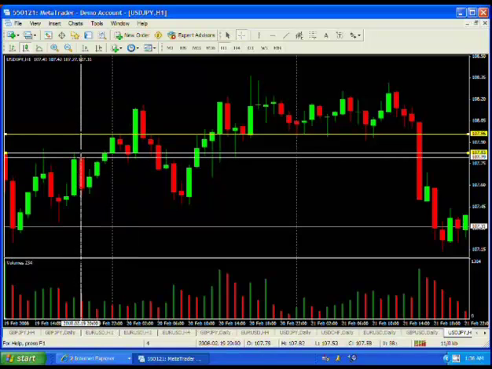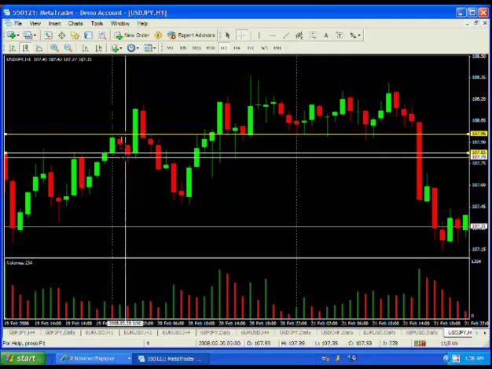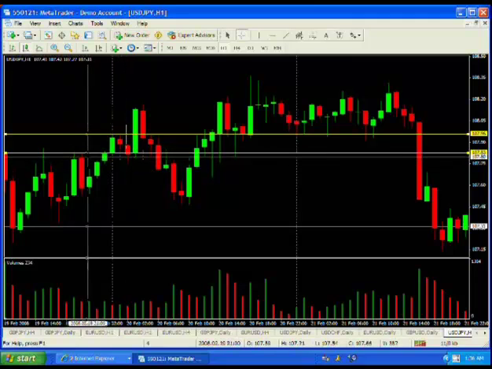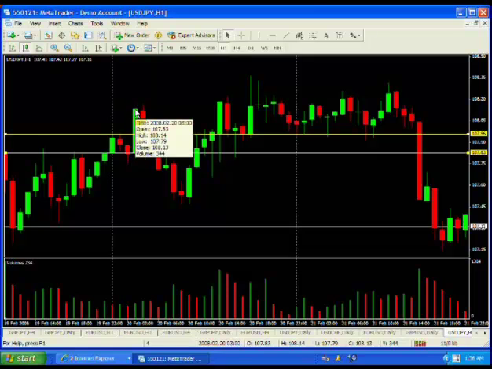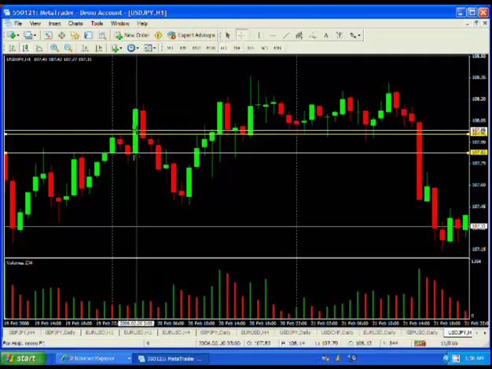And so we have here the close below the open range, but no trade signal. And we go here and we have a close, a breakout high above the open range, and it's on higher volume. So now that's a buy signal. That's a buy signal just based on the open range rules.